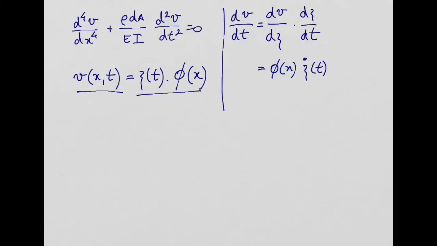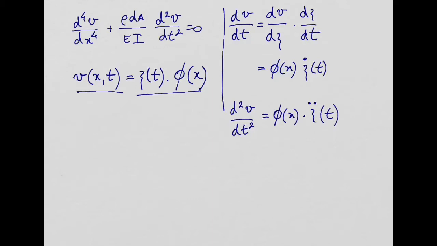If I do the second derivative, because I need the second derivative, is what I have in my differential equation. So the second derivative of V in order to time is going to be equal to phi x times the second derivative of xi.